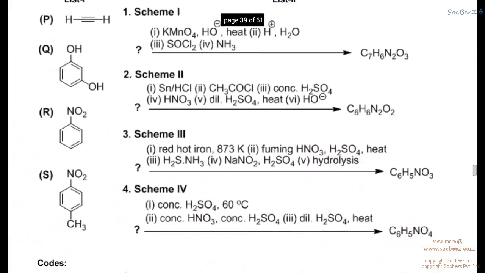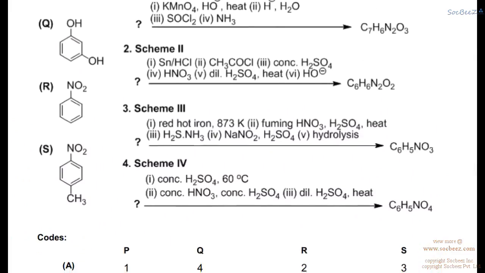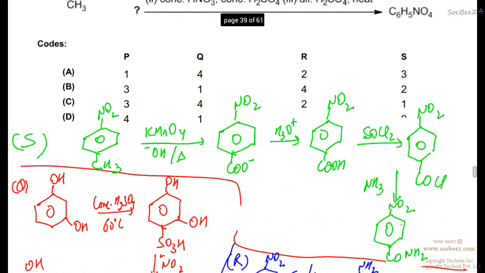So I guess S corresponds to 1. So the correct option here is P corresponds to 3, Q corresponds to 4, R corresponds to 2, S corresponds to 1. So the correct option here is option C.